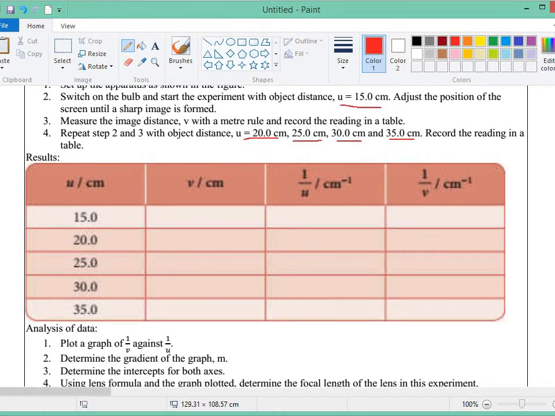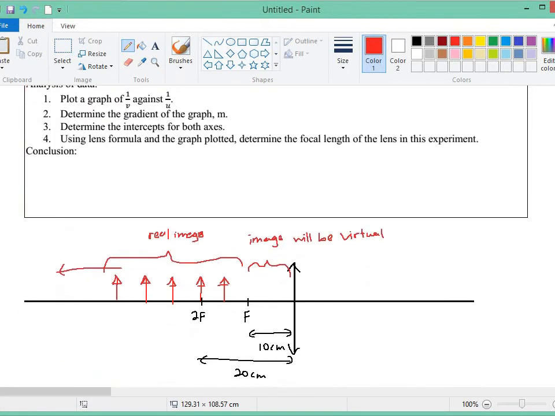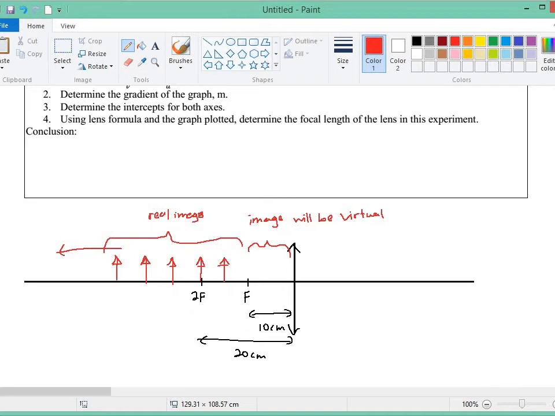So the result here. What we are going to see is that at first the image is going to be large, the image is going to be big.